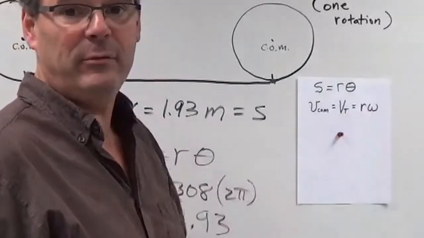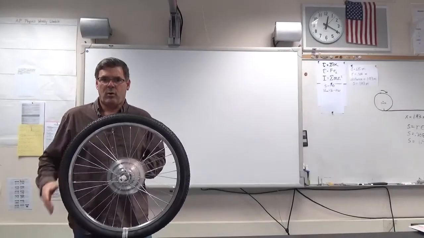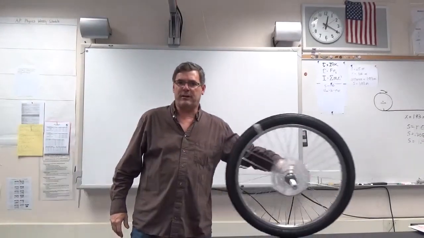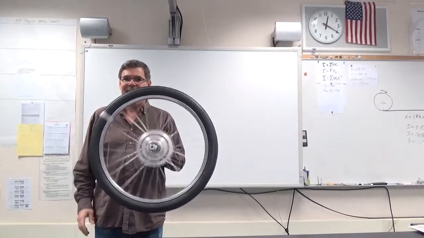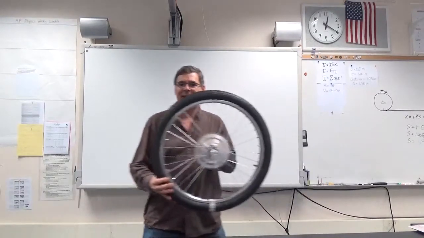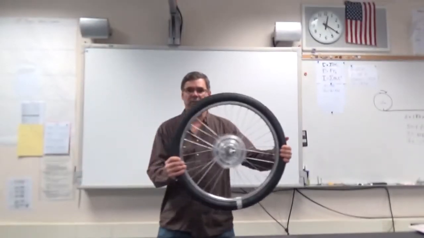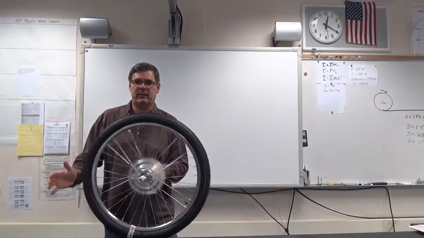And of course that is equal to r times omega. We can think of rolling motion as being both rotational motion happening at the same time that translational motion is happening. If we combine this motion with this motion, we get this motion.